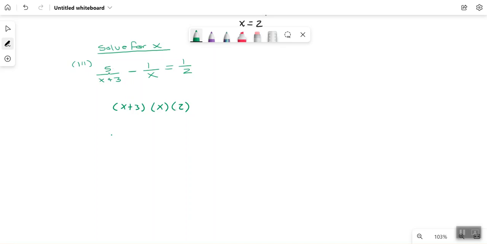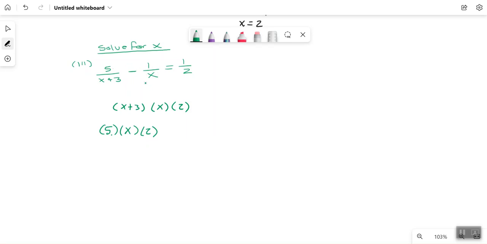Then this is going to cancel out, and we'll be left with 5 times x by 2. Okay, so that'll cancel out, and it'll just leave us with this fraction here.